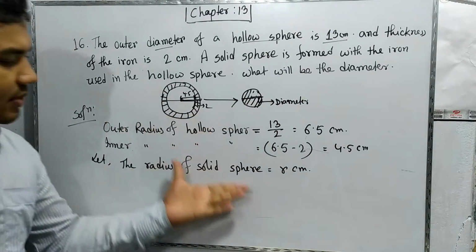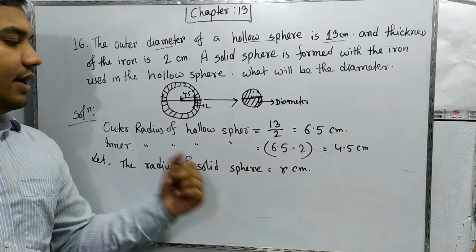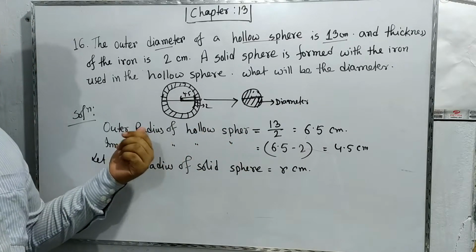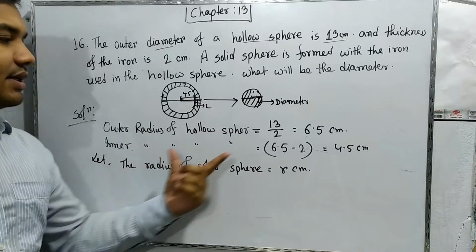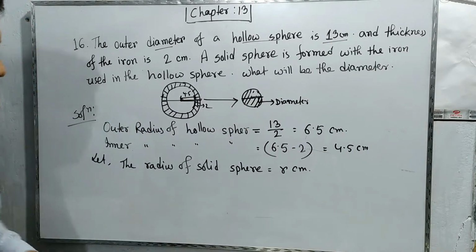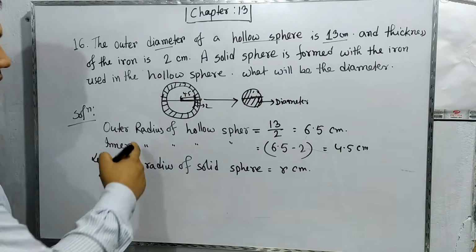Now from the outer radius, inner radius, and this radius, we can easily find the volumes. So what will the volume be? Let us think about the outer part, the total volume of the hollow sphere.